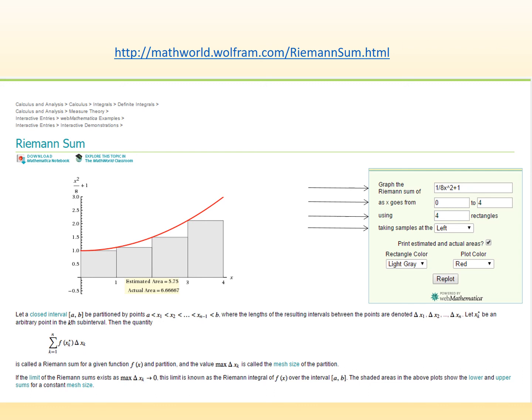I set x from 0 to 4 using the first number of rectangles that I did, which was 4. And then there's a pull down window where I can take samples from the left to do LRAM, RRAM, or MRAM, and it will give you the approximation based on that. And it also tells you the exact area. So again, you can start to think and play around with when you get underestimates and when you get overestimates.